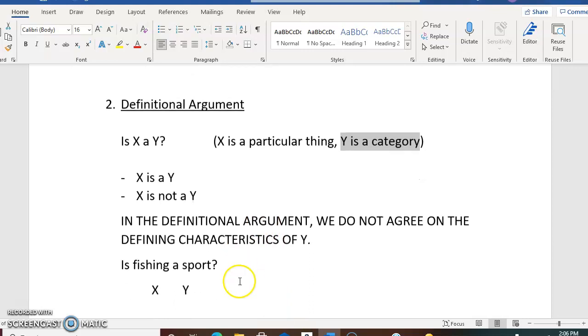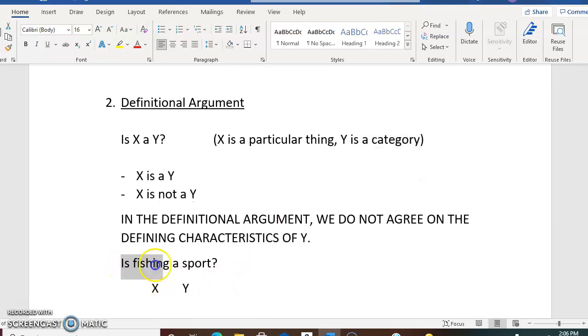Okay. But here, Y, the category, we don't agree on the defining characteristics of the category. And so, let's say we could have a question, is fishing a sport? So here is our X, fishing, a particular thing. And here is our Y, a category, sport. Now, we can probably agree that certain things definitely fit into the category of sport. Things like baseball, football, basketball, right?